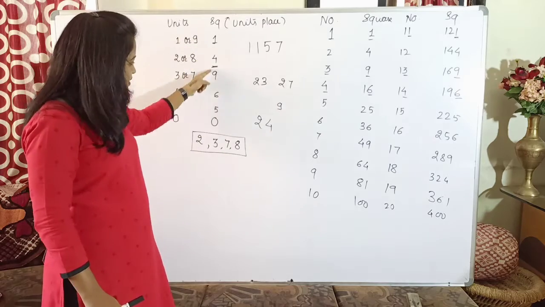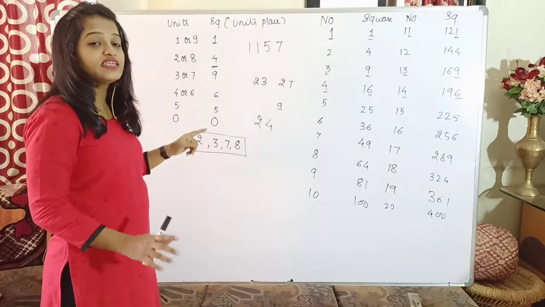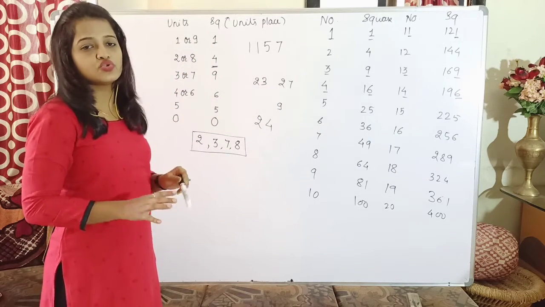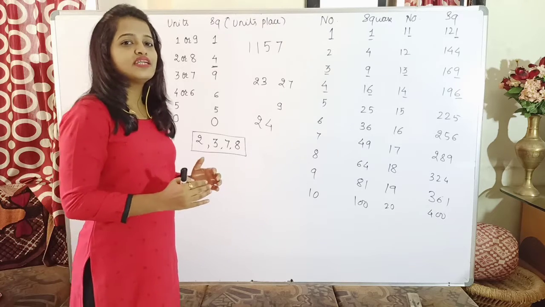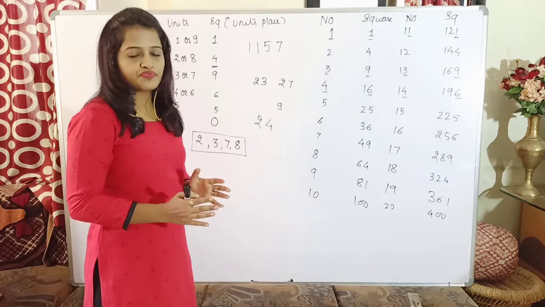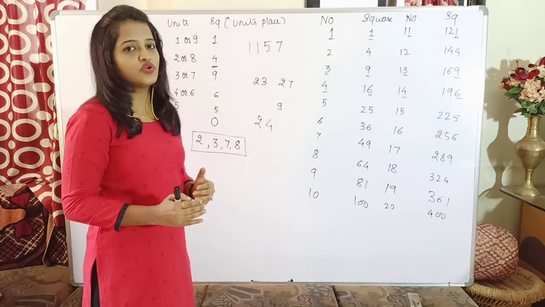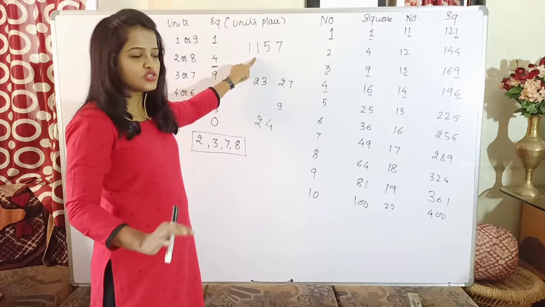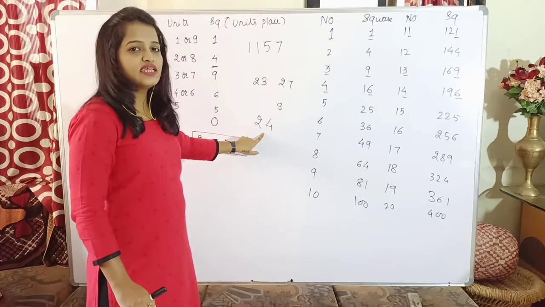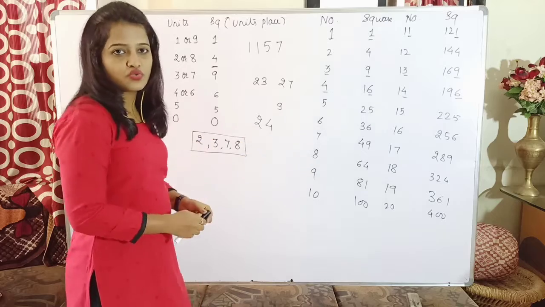But if they are among these digits, it may or may not be a square, so that we have to find out. So for this example, I can definitely say it is not a square. For this one, I can say it may or may not be a square.